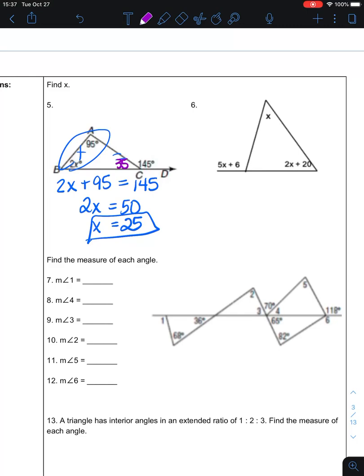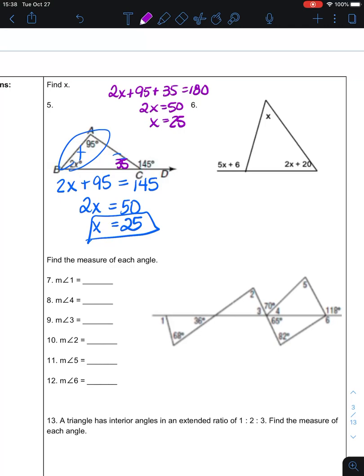What I do remember is that the angles of a triangle add up to 180. That means 2x plus 95 plus 35 has to equal 180. Of the 180 degrees, I have used 35 and 95, which leaves me with 50. So 2x is equal to 50, or x is equal to 25.